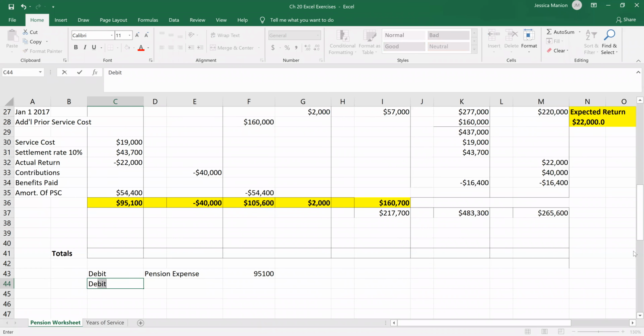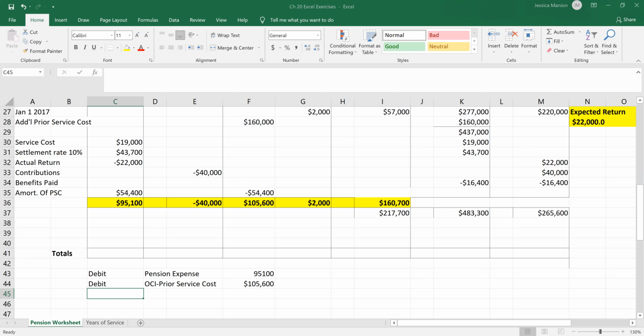So debit OCI for the prior service cost. Debit OCI for the PSC, prior service cost. And so the amount is going to be the difference between 160,000 plus the 54, which again is the 105,600, right?